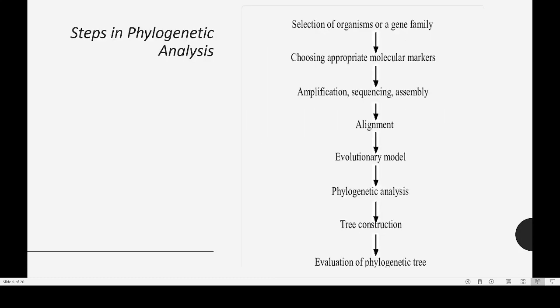Now we have to see what are the different steps involved in a phylogenetic analysis. You can see that there are a number of different steps. First one is selection of the organism or a gene family, choosing appropriate molecular markers. Why molecular markers? Normally while sequencing genes there is the CO1 gene.